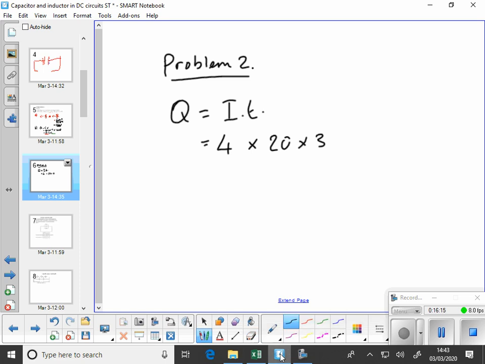Times 3 times 10 to the minus 3 equals 1.2. That can't be 10 to the minus 9. 3.